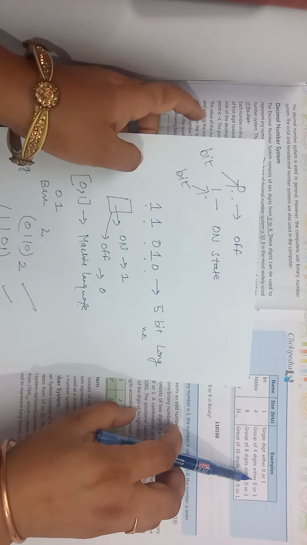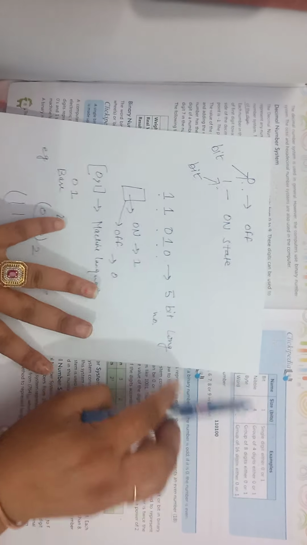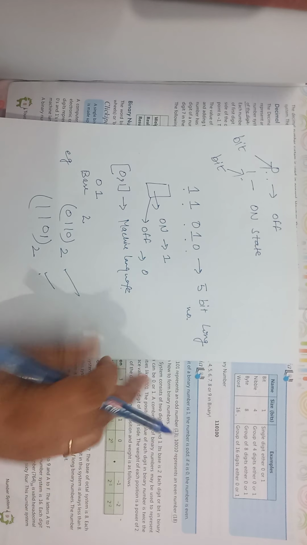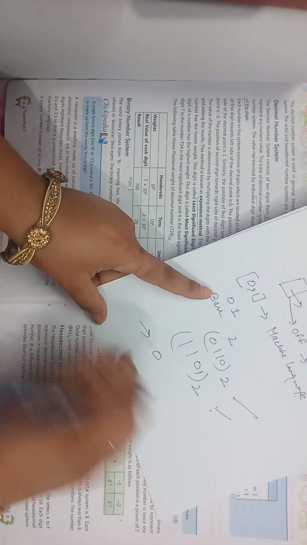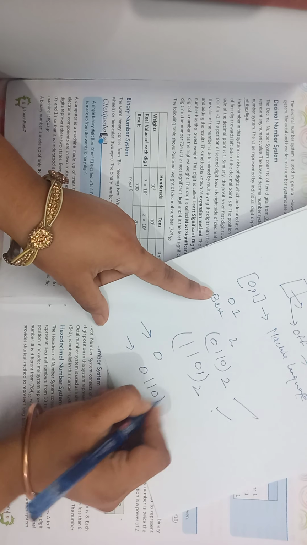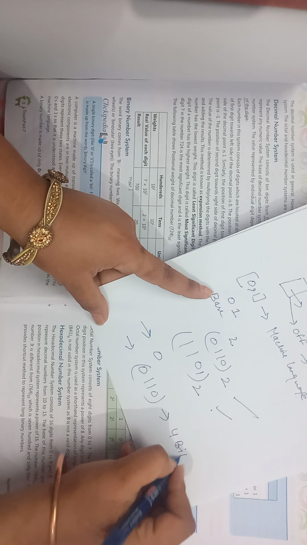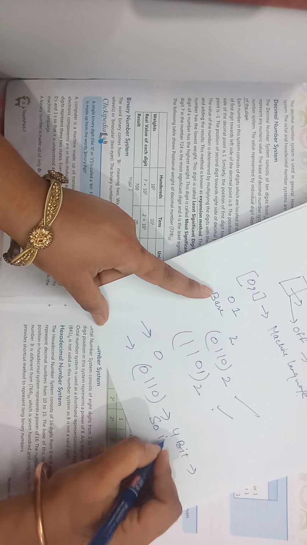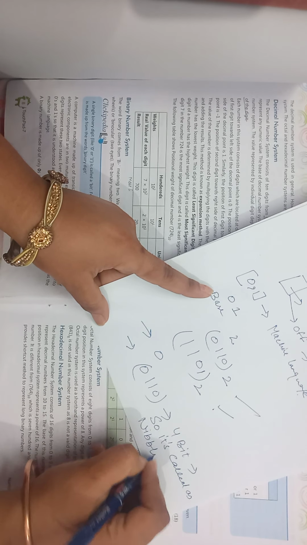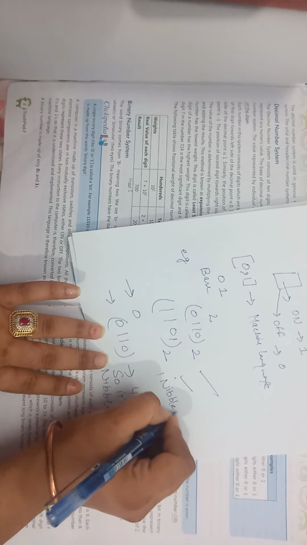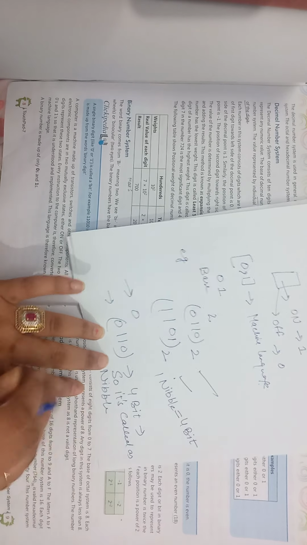A nibble is a combination of 4 bits. Suppose this is 0110. It is a combination of 4 bits, so it is called a nibble. So one nibble is equal to 4 bits.